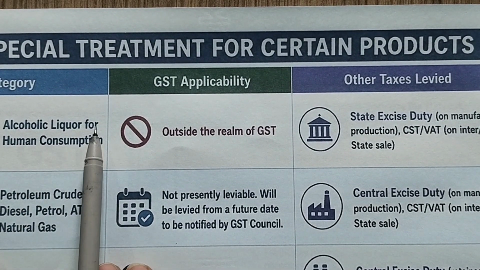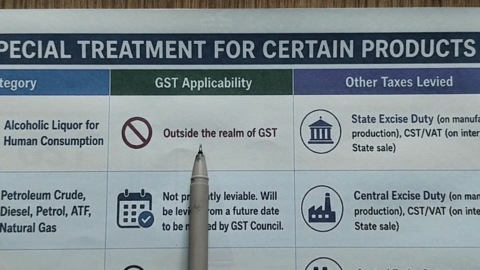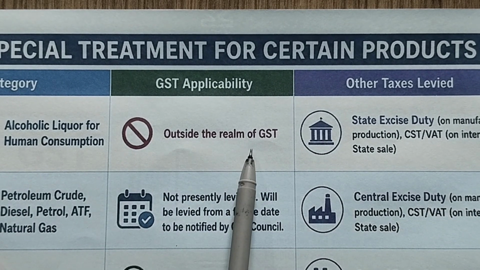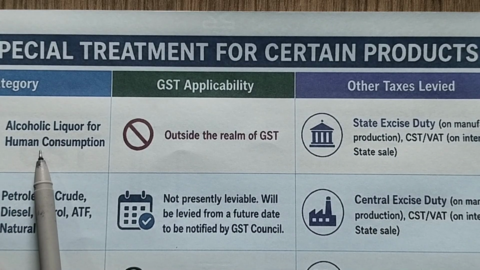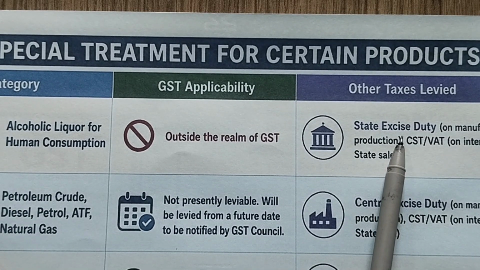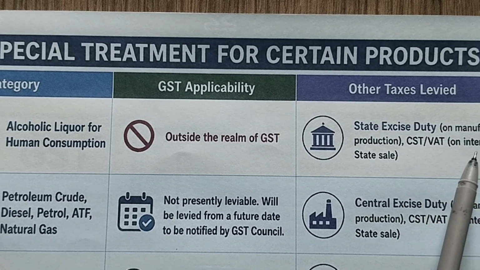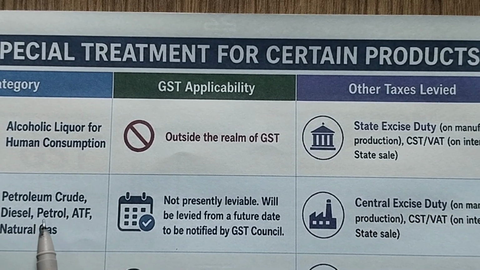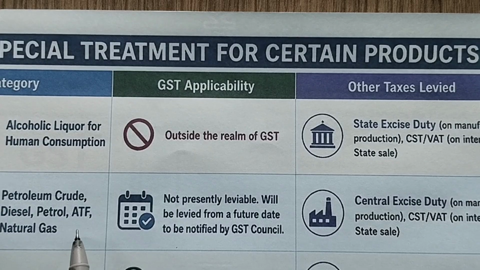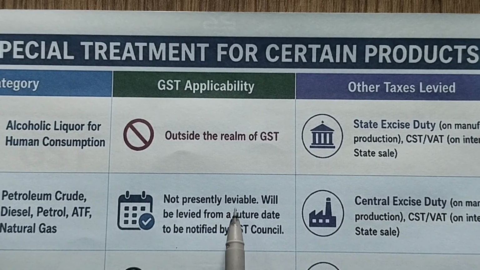See, alcoholic liquor for human consumption is outside the realm of GST, and the other taxes levied on alcohol are excise duty and CST or VAT on inter or intrastate sales. Petroleum crude, diesel, petrol, ATF, and natural gas: presently they are not leviable, and on a future date it will be notified by the GST Council.